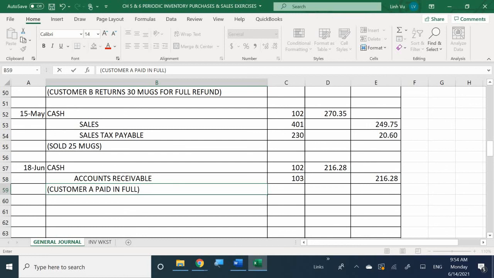No discount because they missed the discount, right? This is what they owe me. We've already calculated the sales and the sales tax. This is what they owe me, and now they're paying for it in full with cash. Okay.